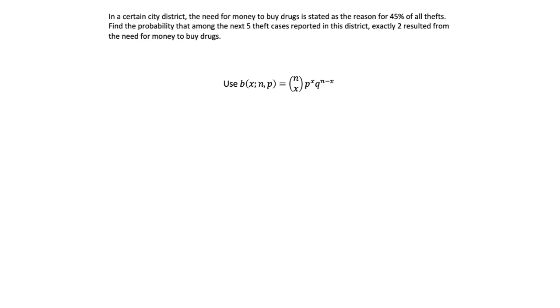In this case, that would be 45% or 0.45. Q then would be 0.55. So when we plug this into our formula, we have 5 choose 2, times 0.45 squared, times 0.55 cubed. We get a probability that x is equal to 2 of 0.337.